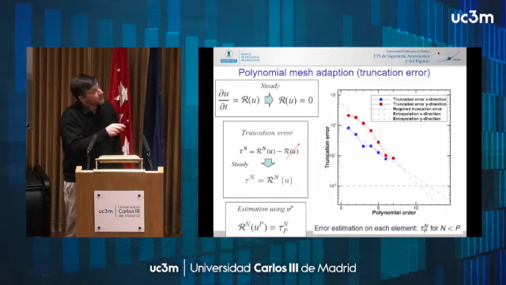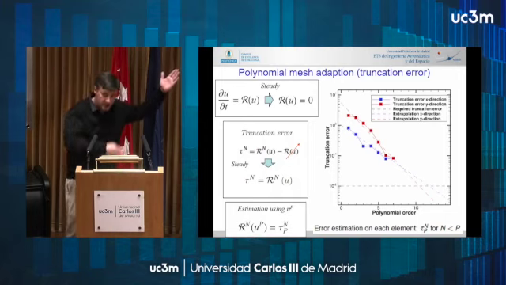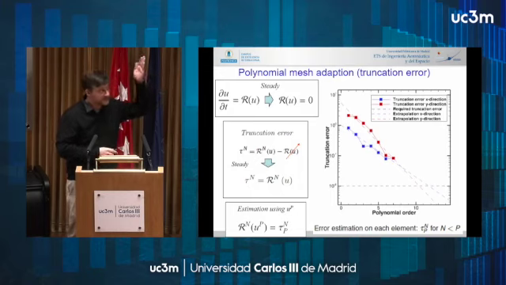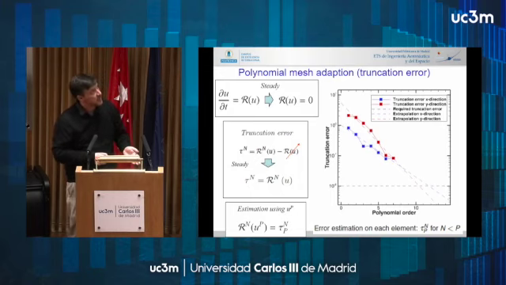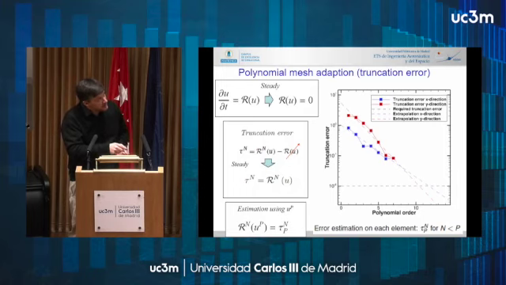Now we know that this error behaves as we saw initially. It decreases very fast with the polynomial order. It has this spectral convergence thing. So we can fit an exponential curve here. This is an exponential curve because this is a log-linear plot. And we can extrapolate and see what polynomial we need to get a particular level of accuracy. Right?